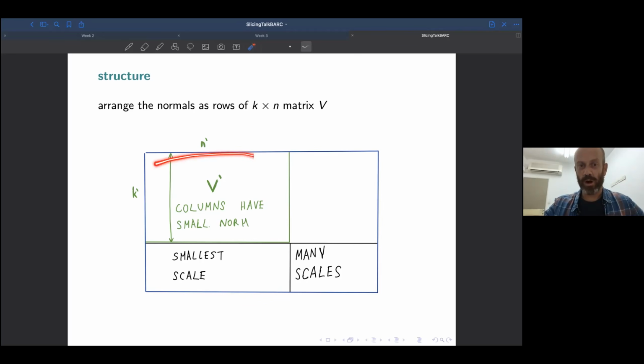So every column here has small L2 norm. All these rows are useless in the sense that they have many scales, and all the smallest scale is here. This is the structure.